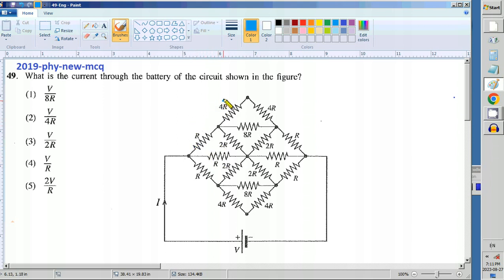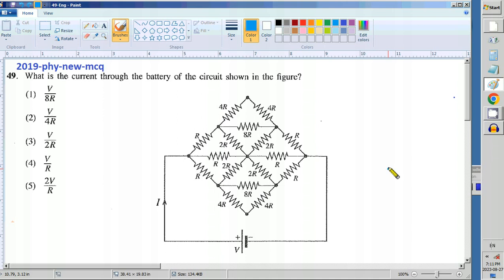Here we can see this resistor and this resistor are in series, because the end of one resistor is connected to the beginning of the other, with no other resistor or anything connected to this junction. Therefore clearly these two resistors are in series. In the same way these two are also in series.